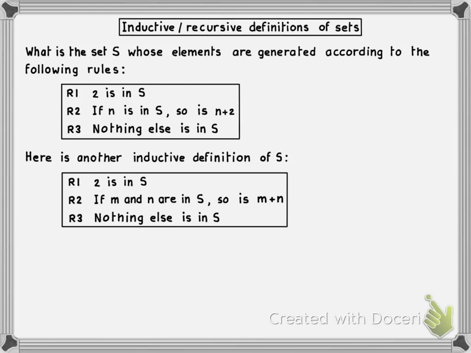In particular, picking this definition over this one, or vice versa, may make it easier for you to prove a property of the set S. So in short, you always pick the definition that makes it easier for you to prove the property of the object that you're trying to prove. But that's all we're going to say about recursive or inductive definitions of sets for now. This is just to give you another example of a recursive object besides recursive functions.